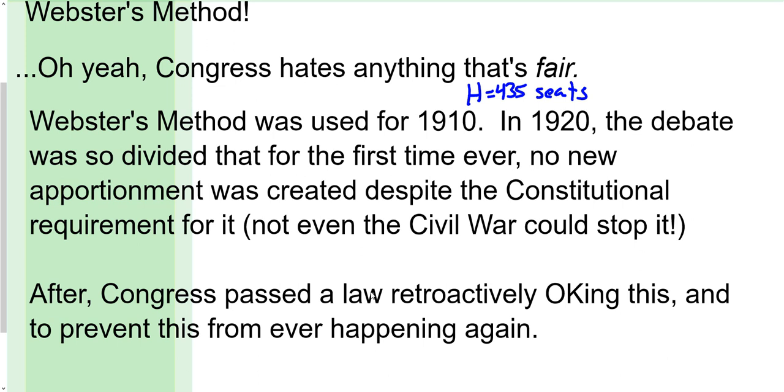That satisfies the Supreme Court because, according to the Constitution, they have to address it, and they did, even if it's not using the current census numbers. And so Congress says, well, the Constitution doesn't say you have to use the current census numbers. So the fact that Congress made a law that says we're going to keep with what we had in 1910 is totally fine.